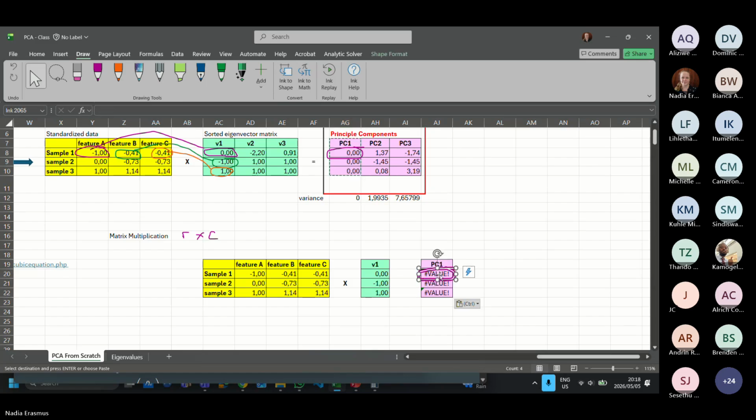So in this case, it's going to be value 1 multiplied, oh, no, that's value 1, multiplied by vector 1. Then you have value 2 multiplied by the second one in the vector.